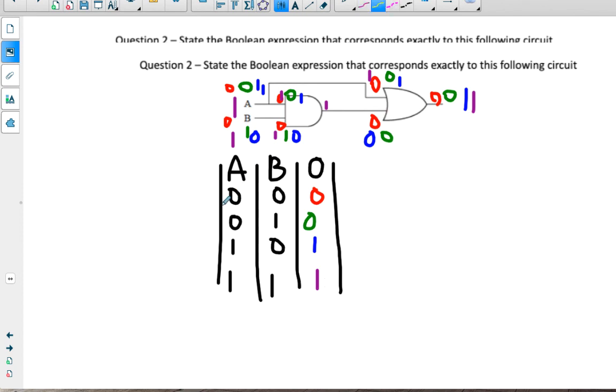Okay, now we need to evaluate. So when there's zeros, we're not bothered. But when there's ones, it doesn't matter if the B exists or not. It's only the A. So the answer to this circuit is A.